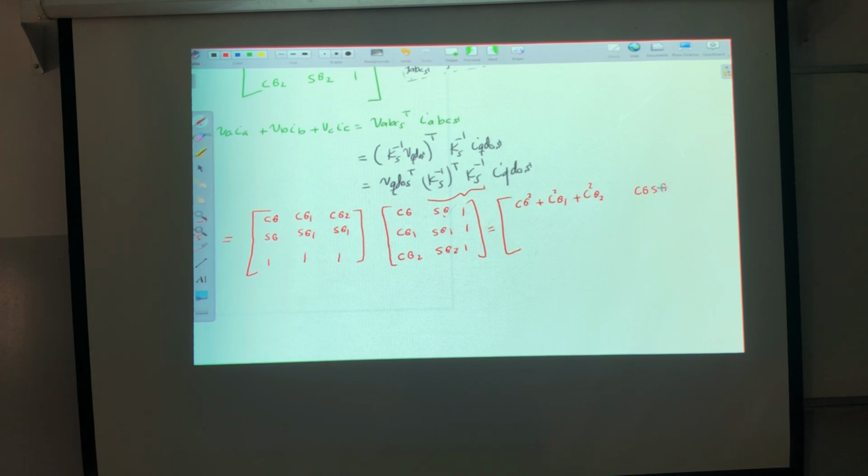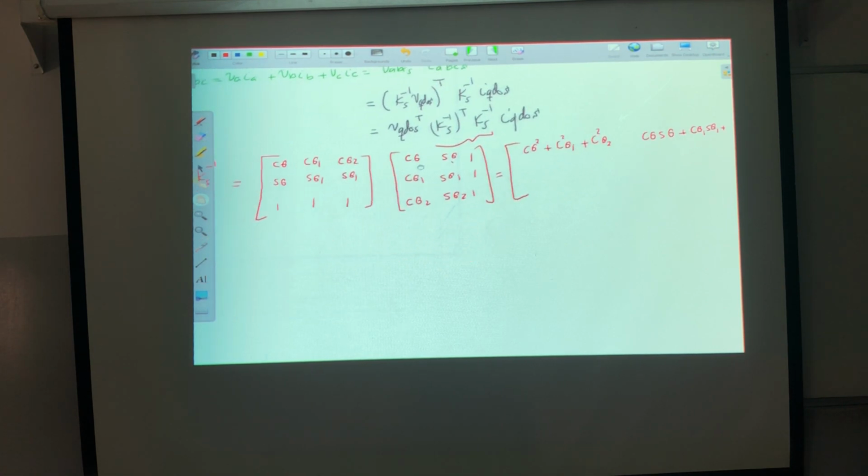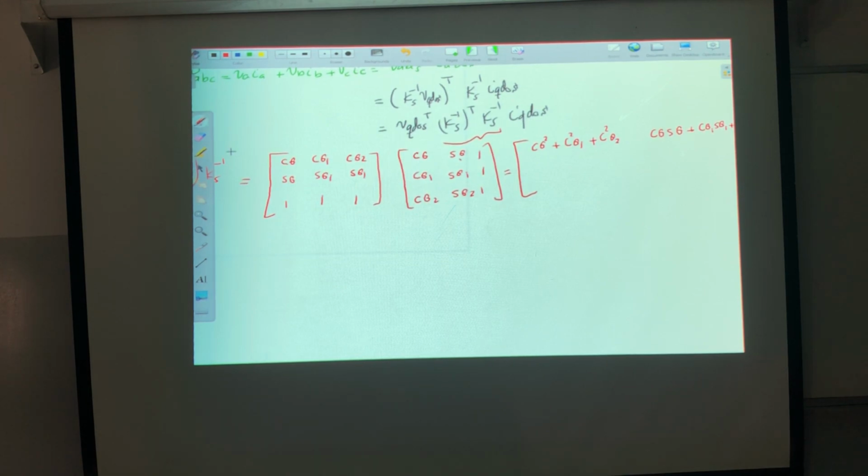Cosine theta sine theta, cosine theta 1 sine theta 1. Maybe write it below. So this will equal: the first term is cosine theta squared plus cosine theta 1 squared plus cosine theta 2 squared.